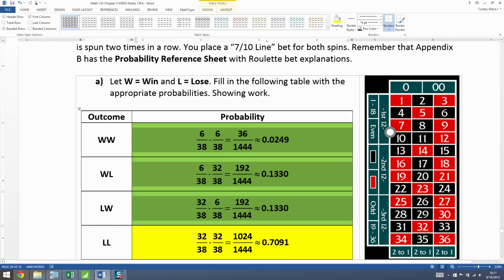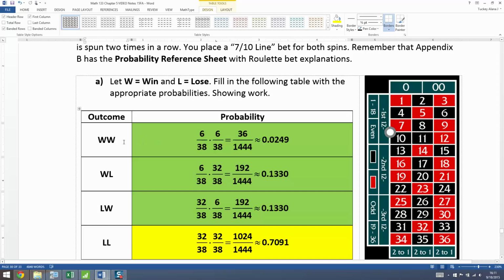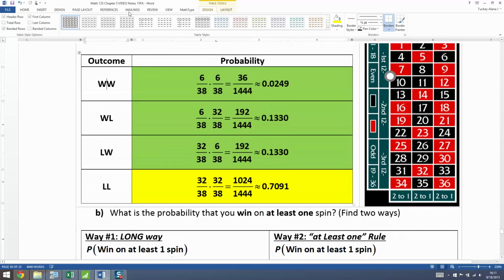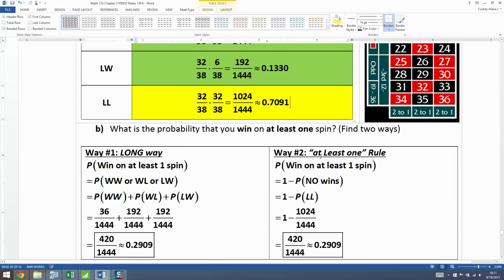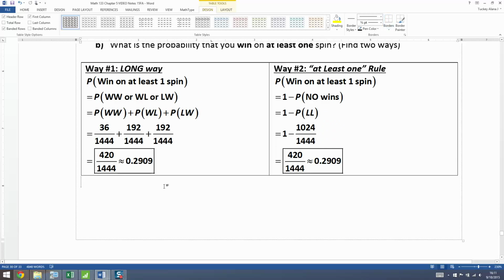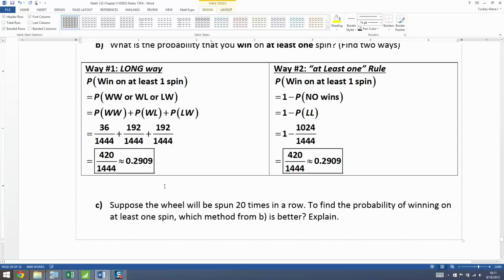Because for 20 spins, you'd have to find 20 wins in a row, 19 wins in a row but then 1 loss, 18 wins in a row but then a win and then another loss. Do you see what's going to happen? You would have tons and tons, hundreds actually, of different combinations to add up. Whereas the lose-lose, there's only one way ever to do that: just lose, lose, lose all the way across. So for bigger problems, the second way is actually easier, for messier, larger problems when you're rolling the dice or spinning the wheel multiple times.